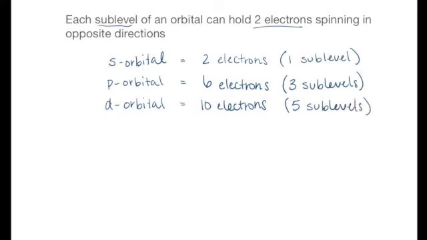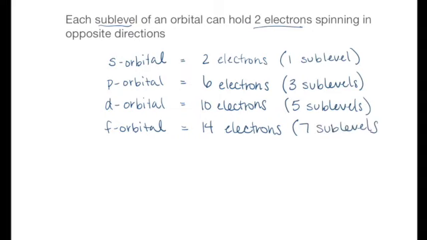And then the last one, the f orbital, can hold 14 electrons, so that means it can have 7 sublevels. An important thing to note too is that in a sublevel, 2 electrons are actually spinning in the opposite direction from each other. Every once in a while they'll meet, but they are going to be spinning in opposite directions.